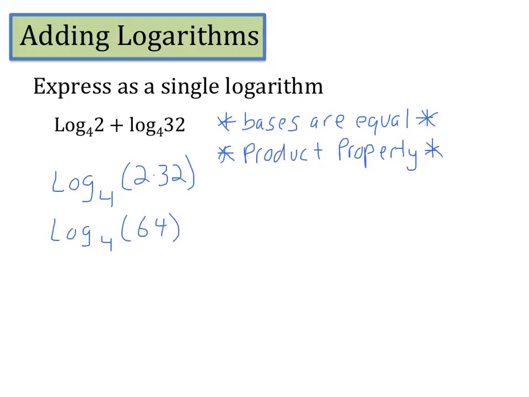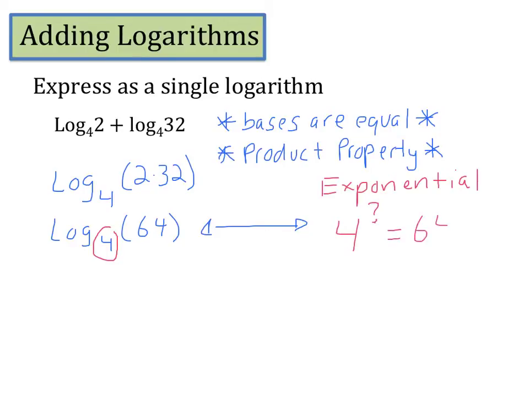In some cases, if this didn't even out perfectly, it would be done here. But we have to think about the fact that logarithms are the inverses of exponents. So let's think about this in exponential form. Our question is, what do we have to raise 4 to, to get 64?